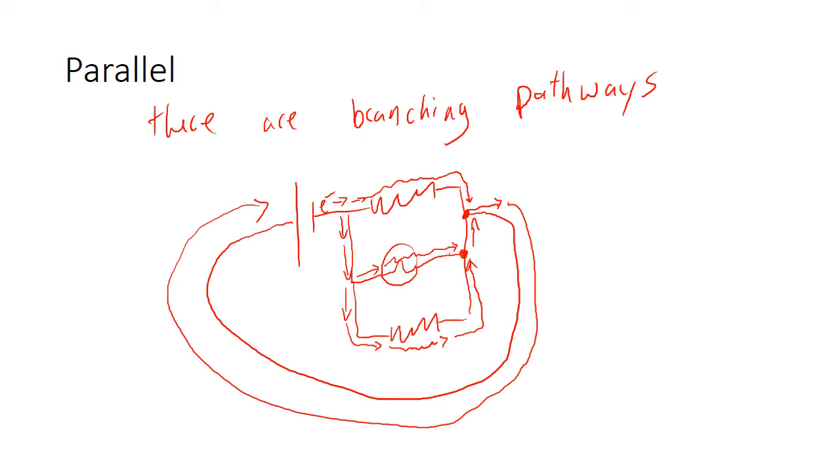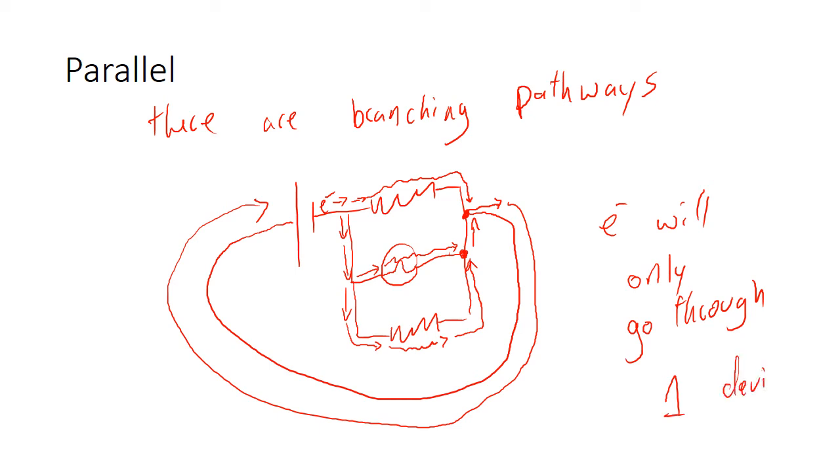Now, what you should notice here is each electron will not go through everything. An electron will only go through one device, other than the battery, of course. Okay?